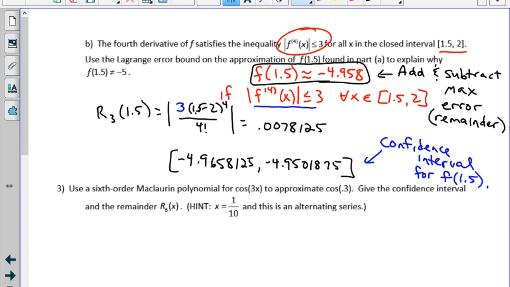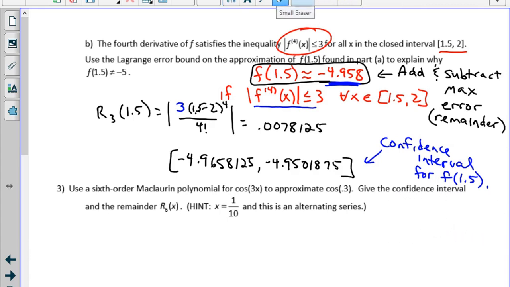So I know that f of 1.5, the approximation was negative 4.958. My confidence interval is what I can guarantee f of 1.5 is between. So this is my guarantee of where f of 1.5 is. It has to be somewhere in that interval.